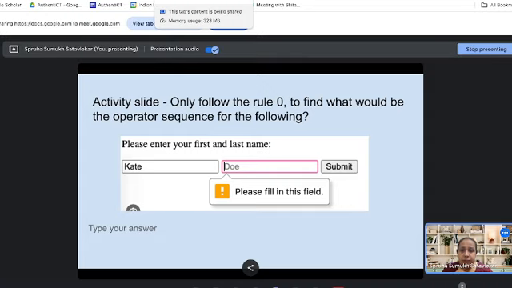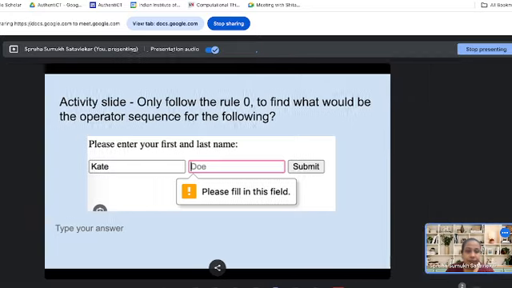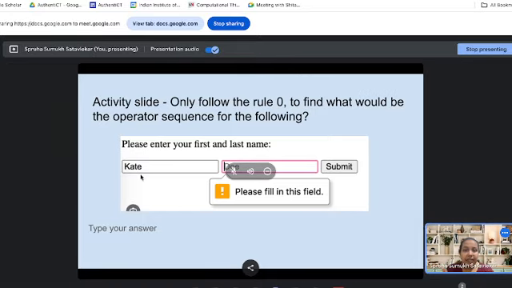The operator sequence would be: first I click on the first text box. So I have a clicking action, that is button press B. Before this button press B, I have to add the M. So MB.